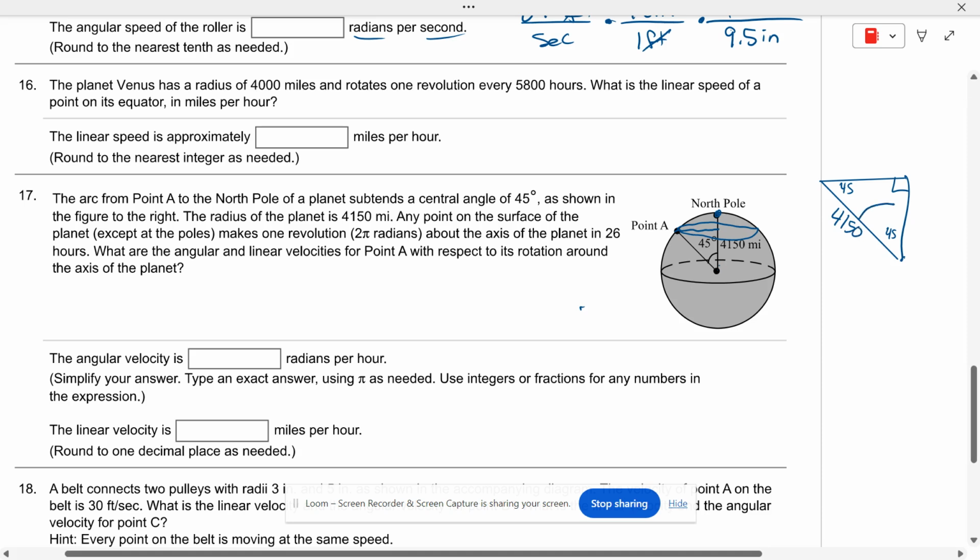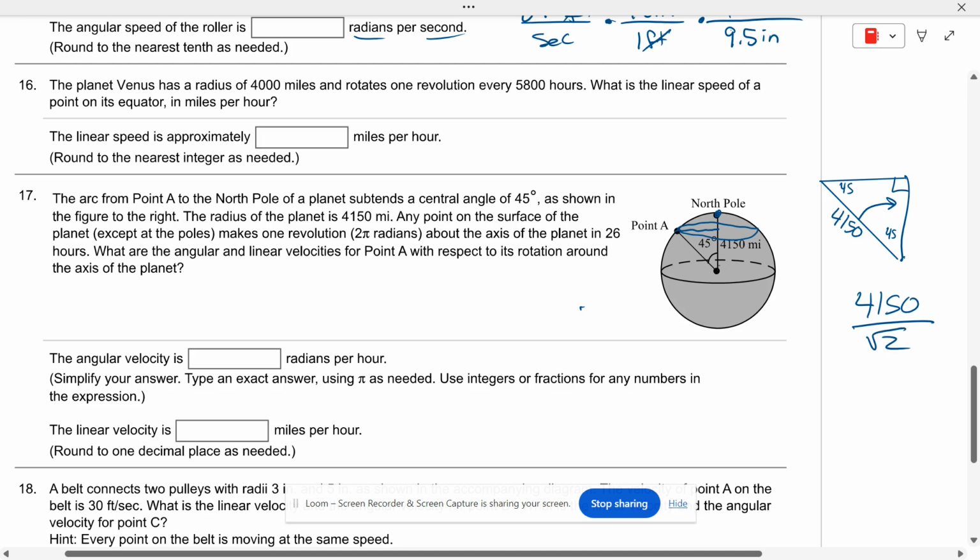Now, to get from the hypotenuse to the side of a 45, 45, 90, you divide. Divide by what? Divide by the square root of 2. What's 4,150 divided by the square root of 2?